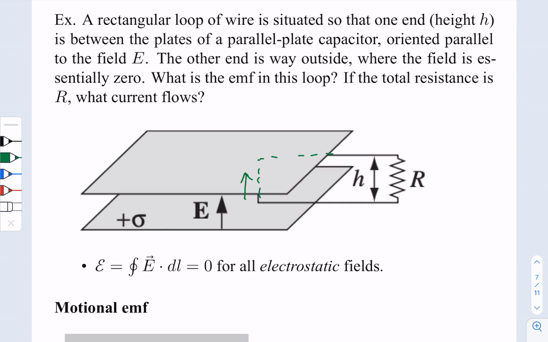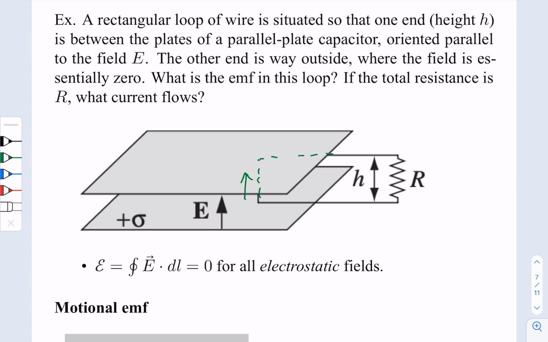Now say that we attach circuits that are very far away from this capacitor, where the field is almost exactly 0, so there won't be any current flowing, and there won't be any electric field along this resistor, right? But will there be any EMF built up in this loop?